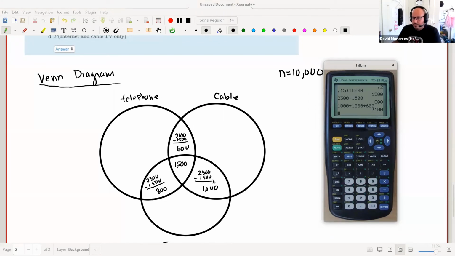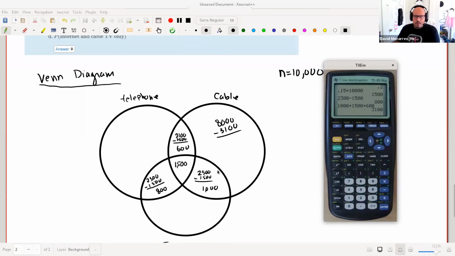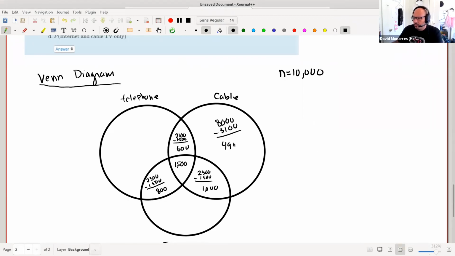So the people who don't use any other service but cable is going to be 8,000 minus the 3,100 that I got from combining the ones I've already accounted for. And so that's about 4,900.